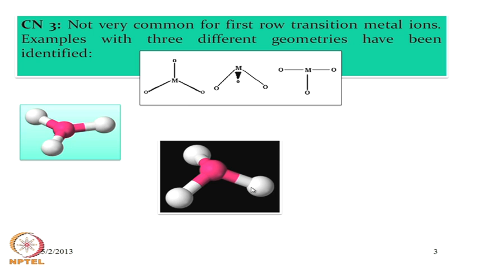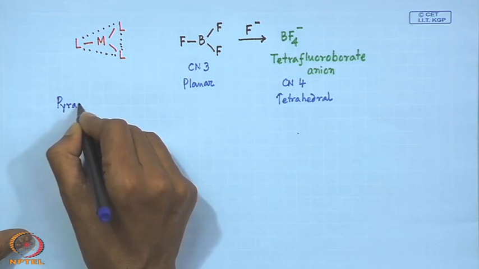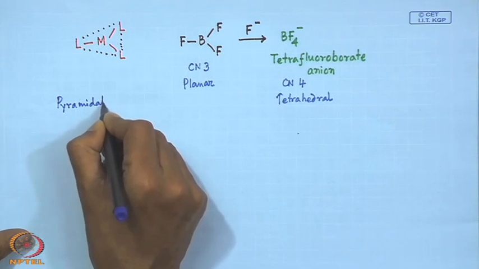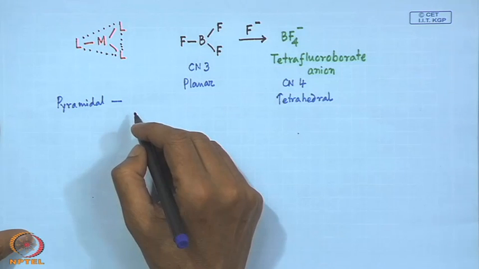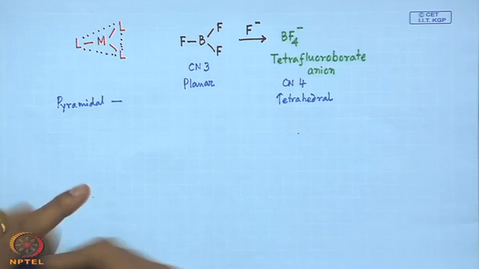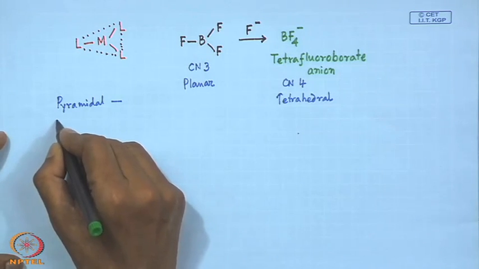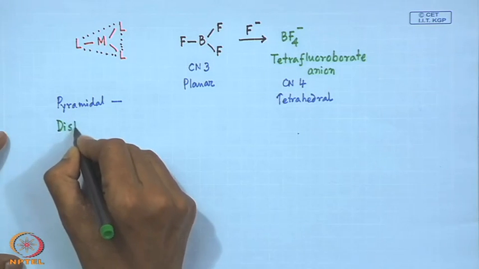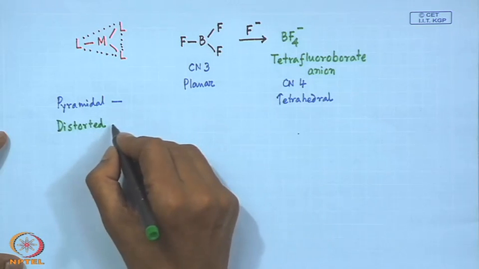This geometry we call pyramidal. So, sometimes we get a typical pyramidal geometry or a distorted equilateral triangle.